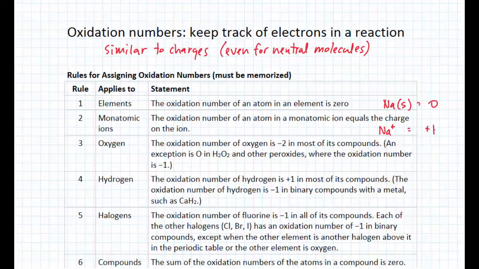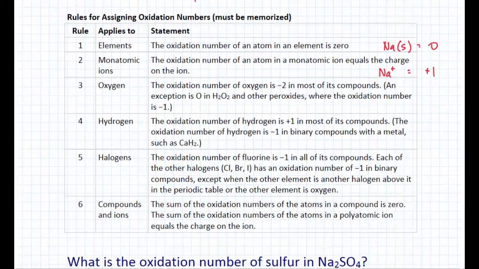Okay? Hydrogen is usually +1. There are a couple of exceptions to that. Halogens, okay? Halogens are usually -1, just like their charge, unless they're combined with another halogen. Okay? We'll show you a quick example how that works a little bit later on.